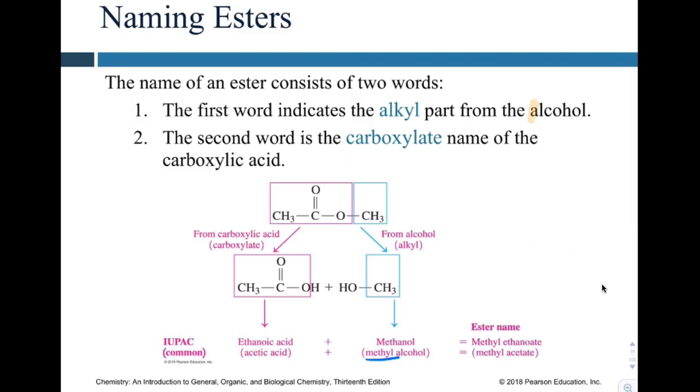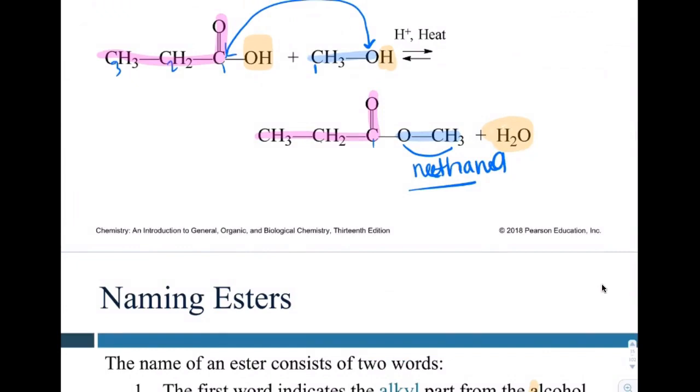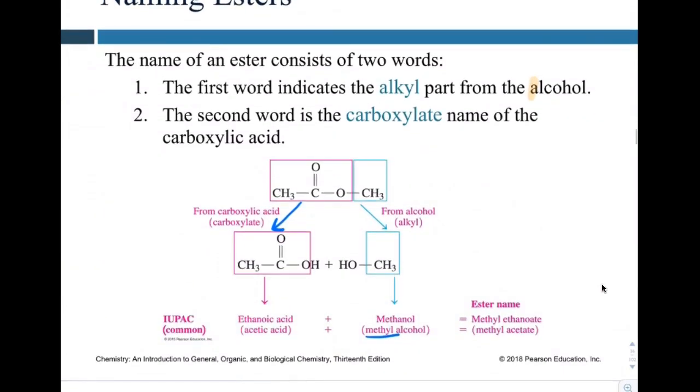And then what was this part from? Well, this was from the carboxylic acid, and in this case here, this was 1, 2, 3, a propanoate. But in this example, we have 1, 2. This is an ethanoic acid. So I take these words together, and I'm going to make methyl ethanoate.